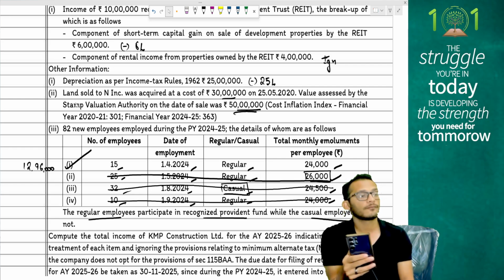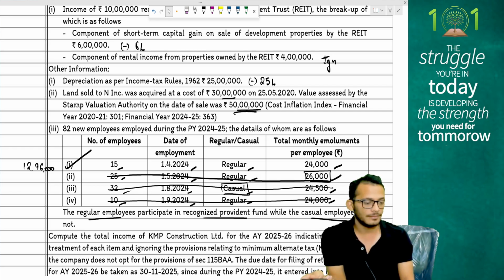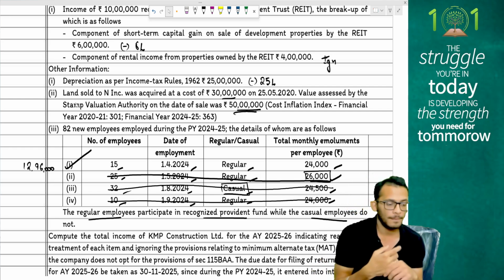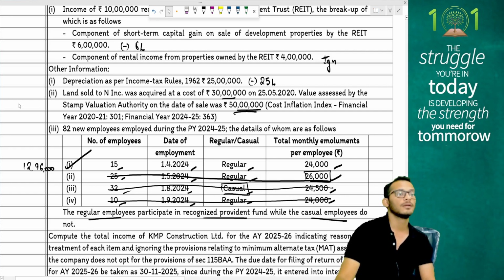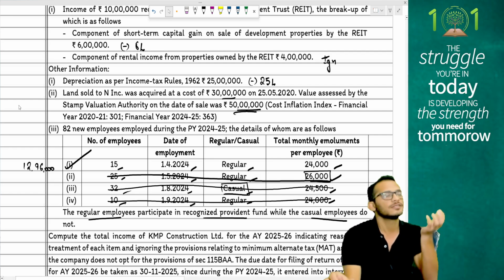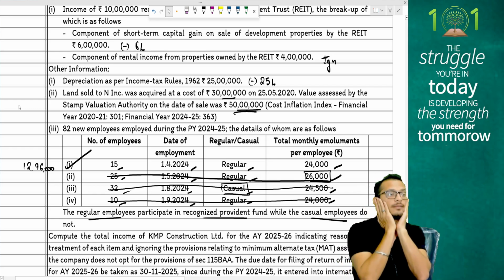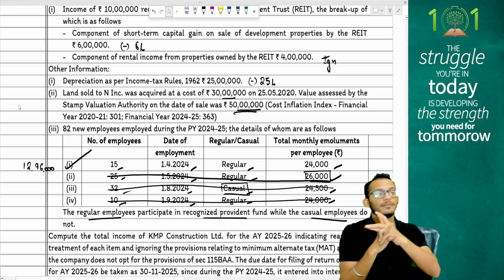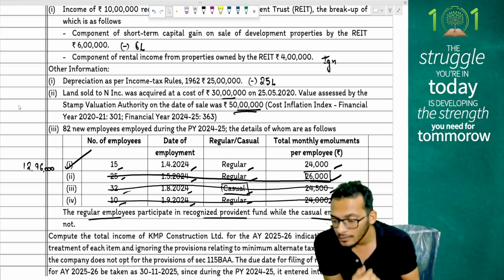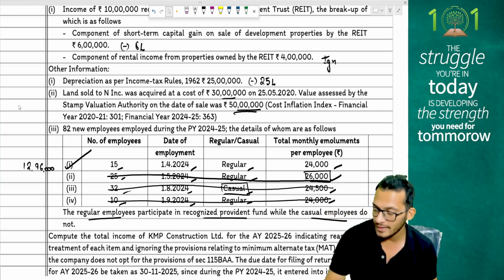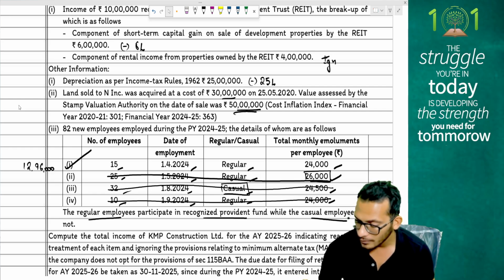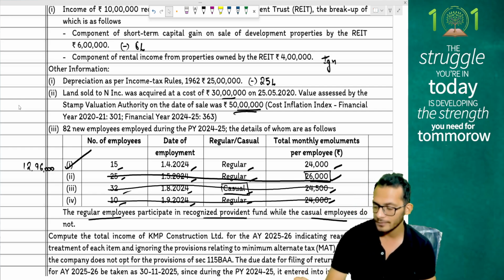Next line says FVOC. Next line, SDV, 50 lakhs.